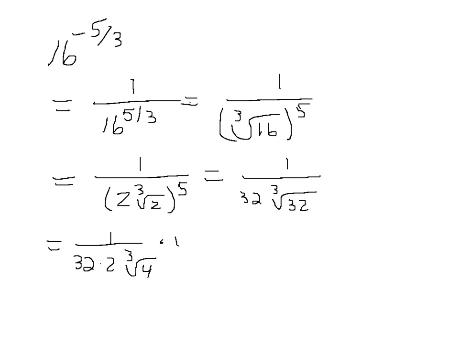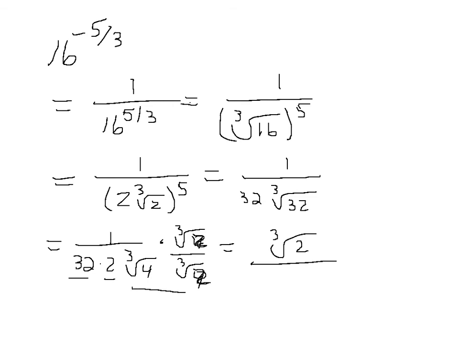So I multiply top and bottom by the cube root of 4 over the cube root of 4. My bad, not the cube root of 4, the cube root of 2. Cube root of 2, and that gives me the cube root of 2 over, can you do it? We got a 32 times a 2 times another 2, so that's a 4 times 32, or 128.